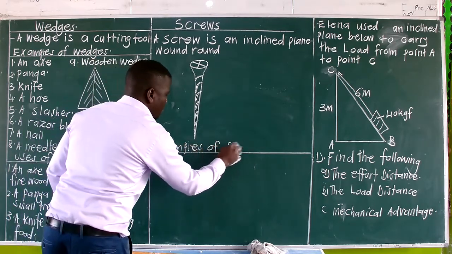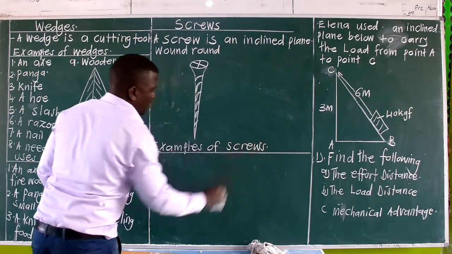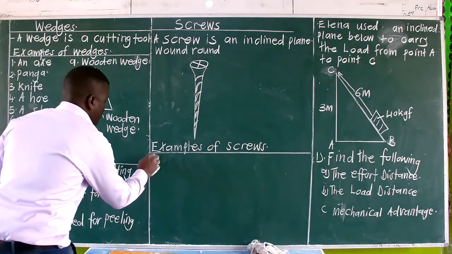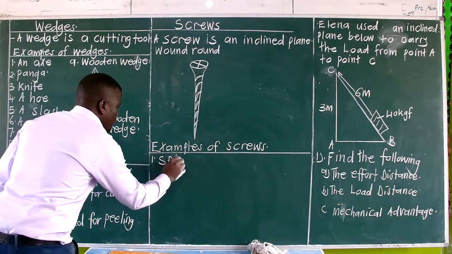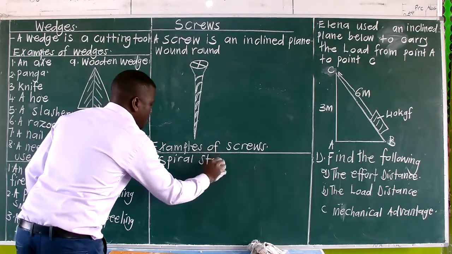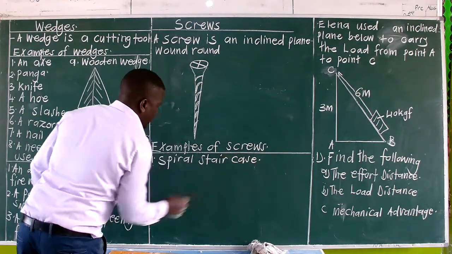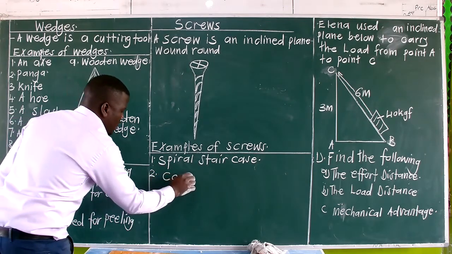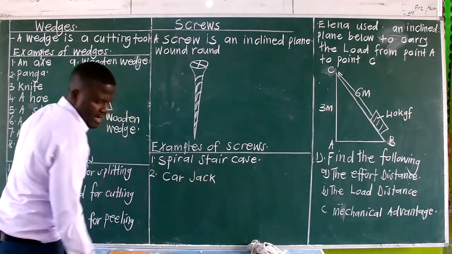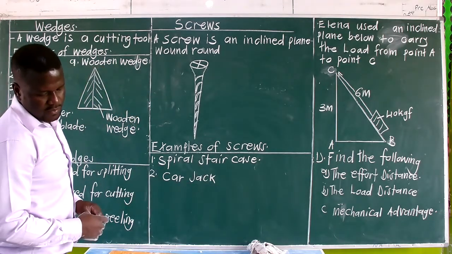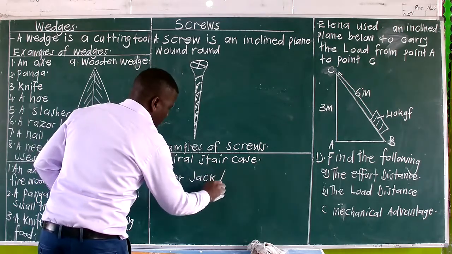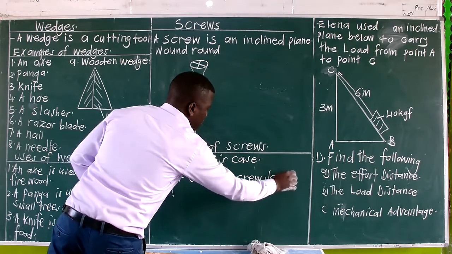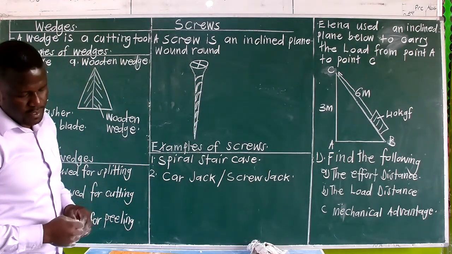Number one, we have spiral staircase. Number two, we have car jack. A car jack is also known as a screw jack. So an example of a screw.